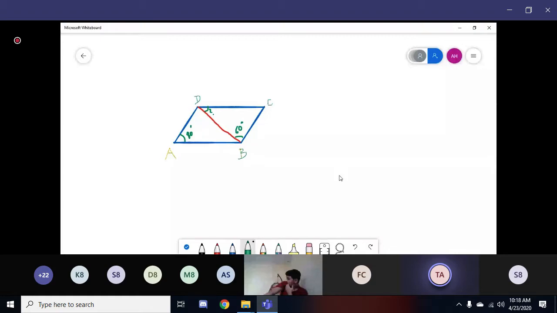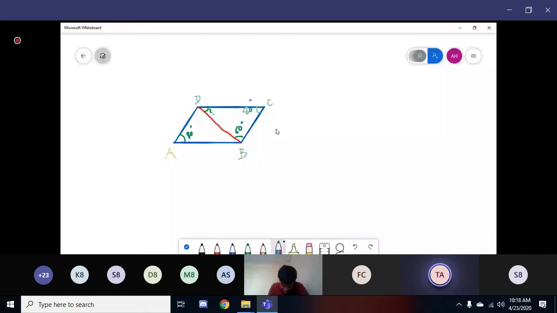The moment you came to know the word parallelogram, you immediately recalled each and every property of a parallelogram. Opposite angles are the same in a parallelogram, beta. So if this is 80, this angle would also be 80. Now, what would be the sum of these two angles?